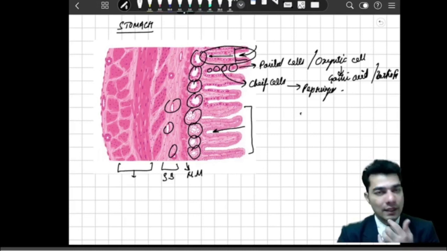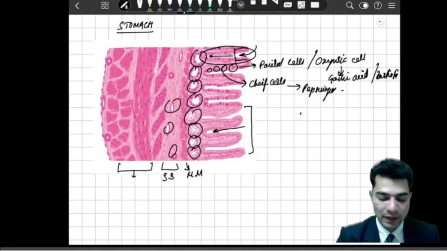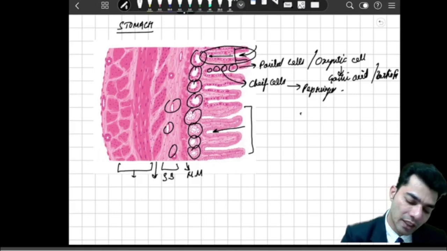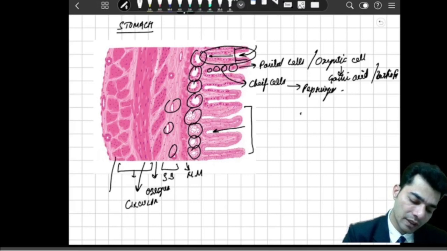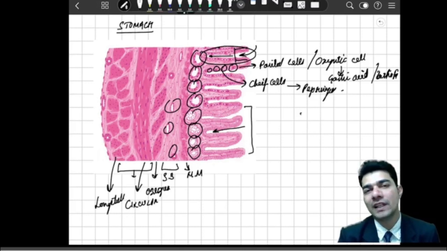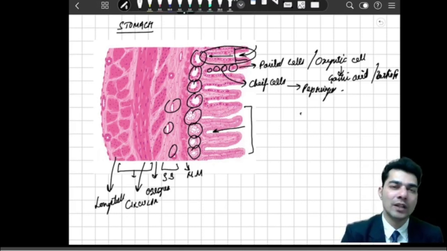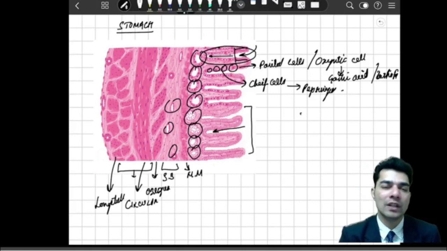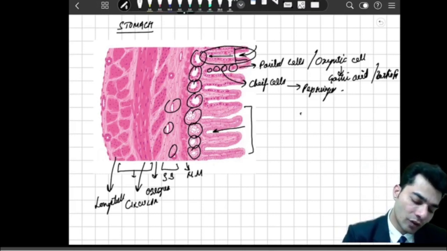The stomach contains three layers: the innermost oblique layer, the middle circular layer, and the outer longitudinal layer.